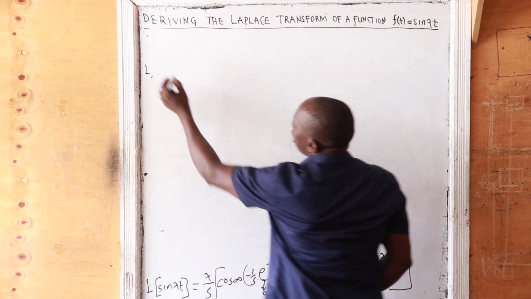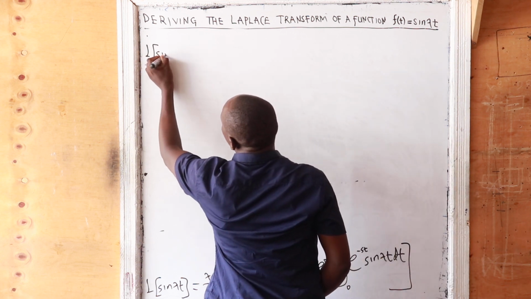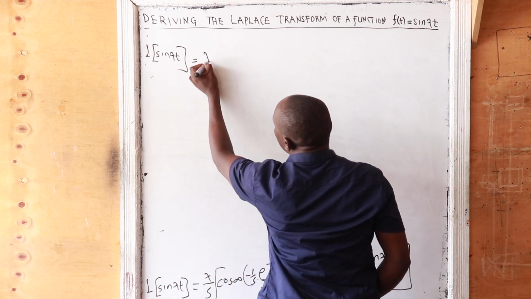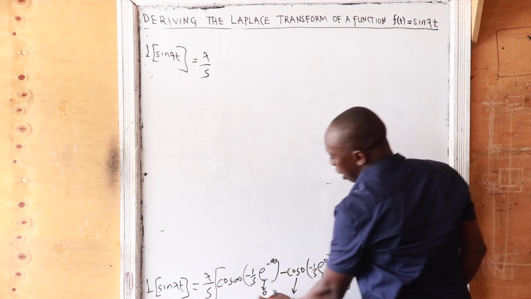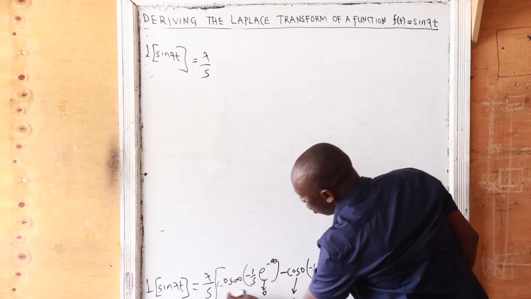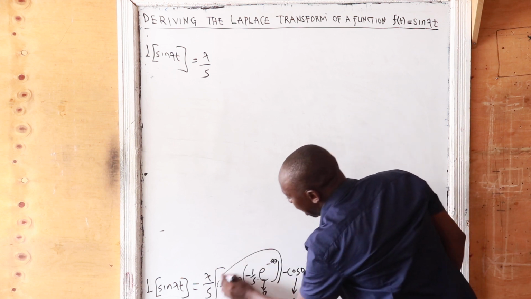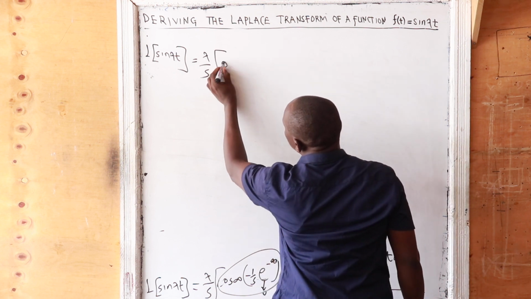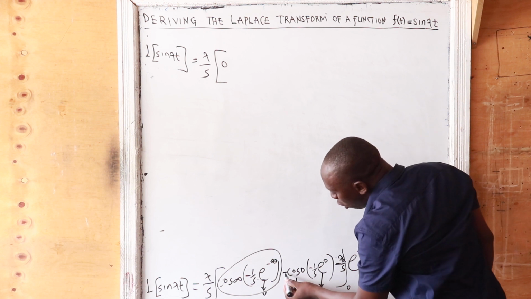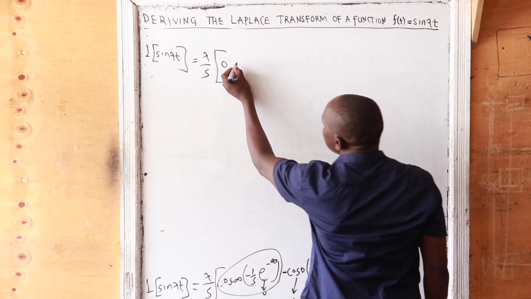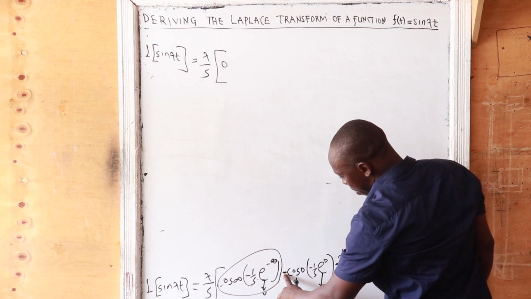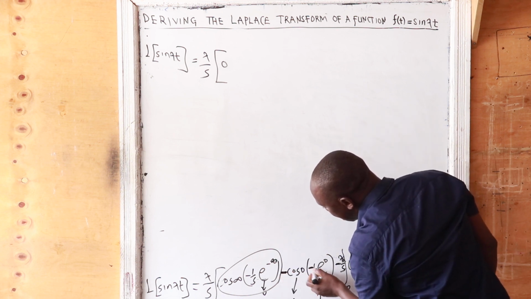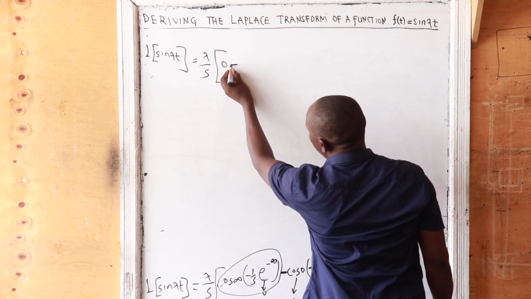So what are we going to remain with? The Laplace transform of sin lambda t is equal to lambda over s. Here, the whole of this becomes 0 because of exponential minus infinity. So we have that 0. Then the cosine of 0 we have said is 1; there's this minus, let's first remain with our minus.